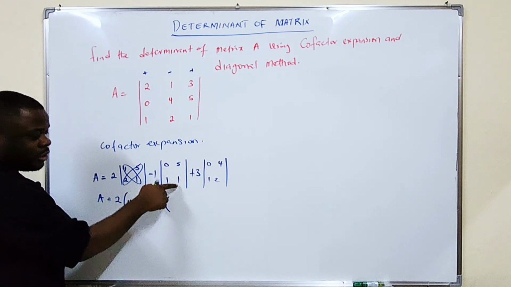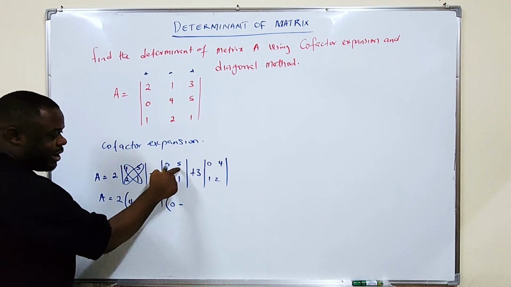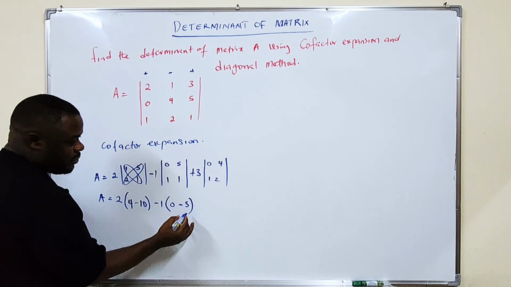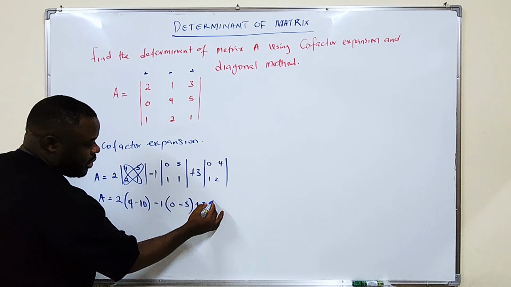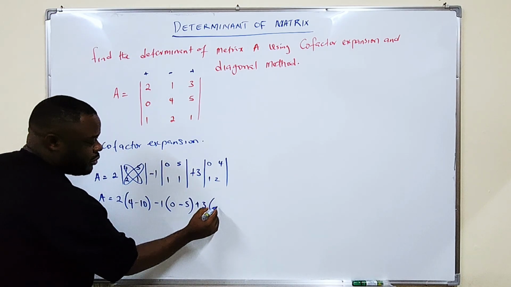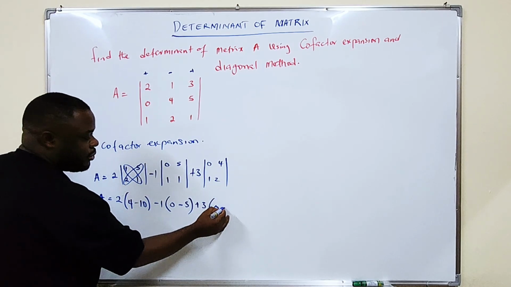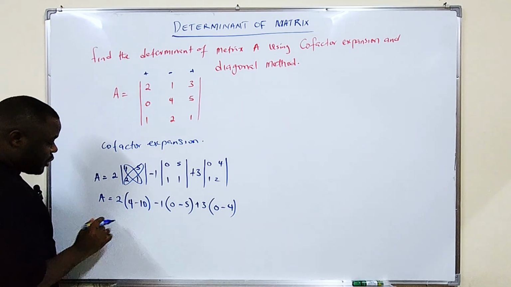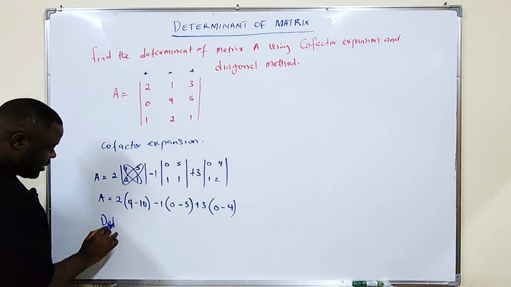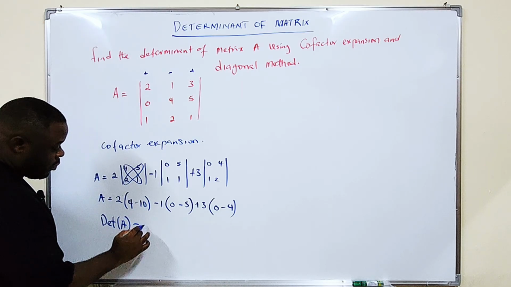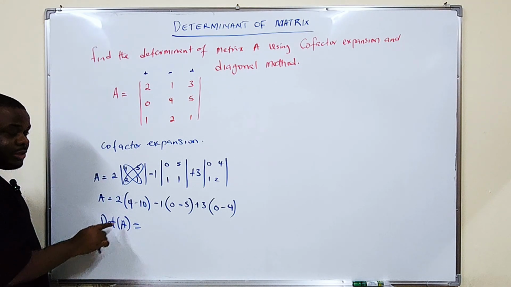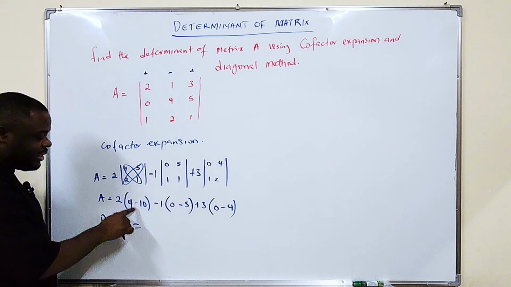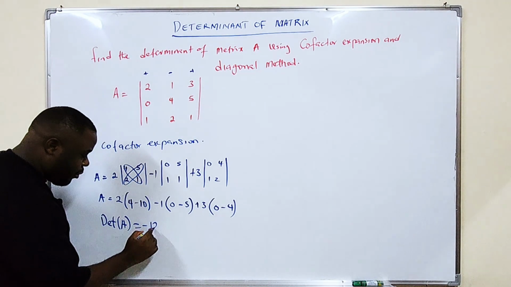They have 0 multiplied by 1 is 0, minus 5 multiplied by 1 is going to give us 5. They have plus 3. Then 0 multiplied by 2 is going to give you 0, then minus 4 multiplied by 1 will give us 4. So our determinant of A will now be 4 minus 10, which gives us negative 6. Negative 6 times 2 gives us negative 12.